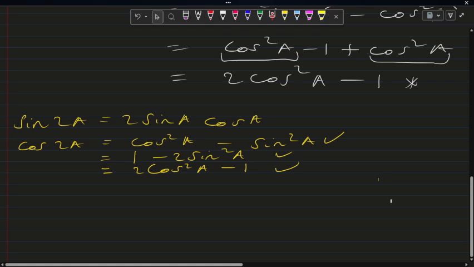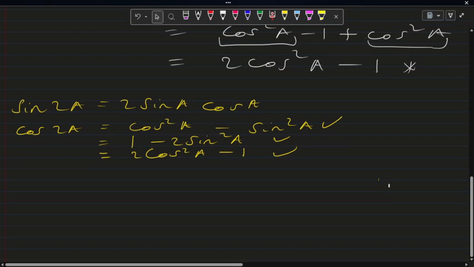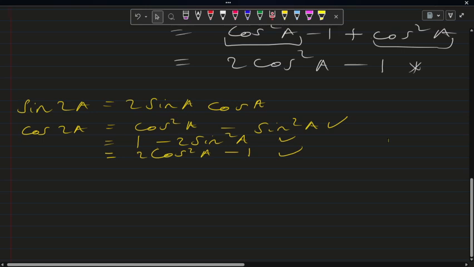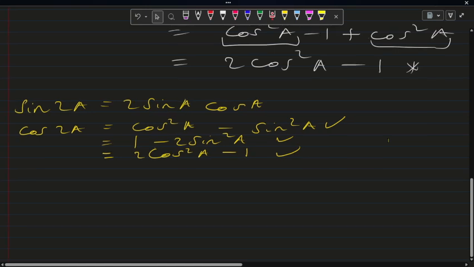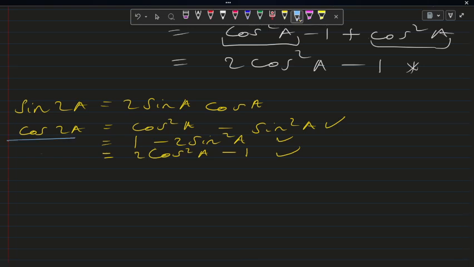We will see when we are doing exam questions that, depending on the type of simplification that needs to be done, we can replace cos 2a with this one, that one, or the other one, and in different situations you will find that one is more convenient to substitute.